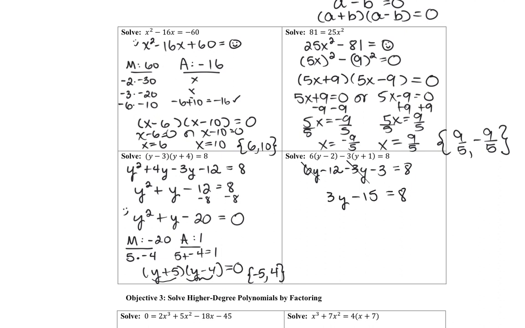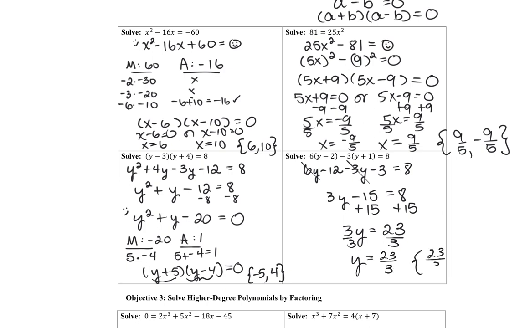It's not quadratic, so I don't want to set it equal to 0, right? The next thing I need to do is add 15 to both sides. So 3y equals 23, right? And then divide by 3. So y equals 23 thirds.